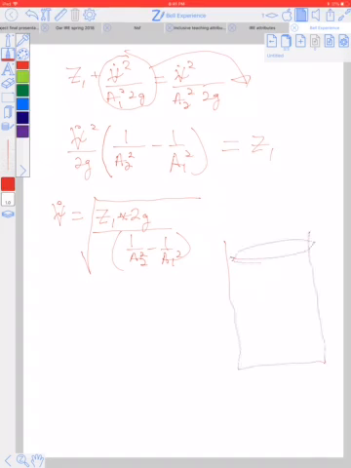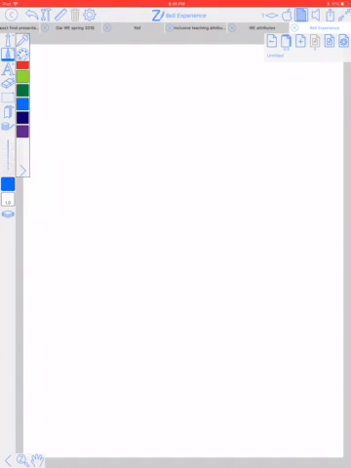I can measure the area of the tank, I can measure the area of the hole. I can measure how high the water is, Z1, and I can use 2, which isn't a measurement, and g, which isn't a measurement. So at any height, I can calculate what the volume flow rate out of the hole is.